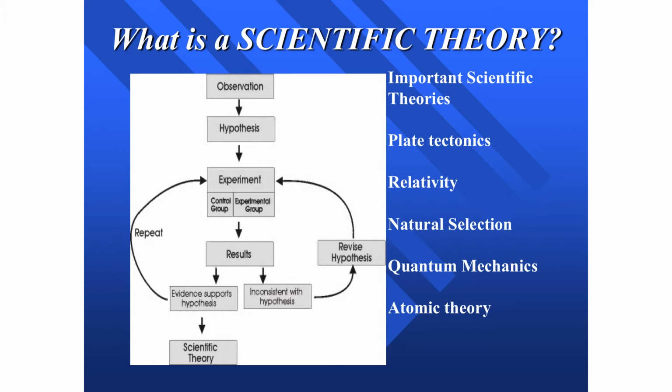So just a quick refresher about what a scientific theory is. A scientific theory is based on a preponderance of evidence. That means a whole lot of evidence is needed to support a scientific theory.